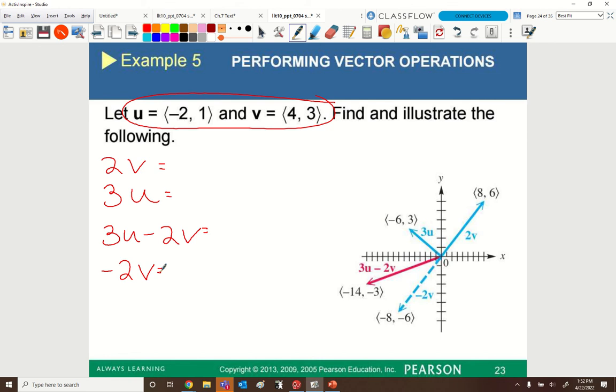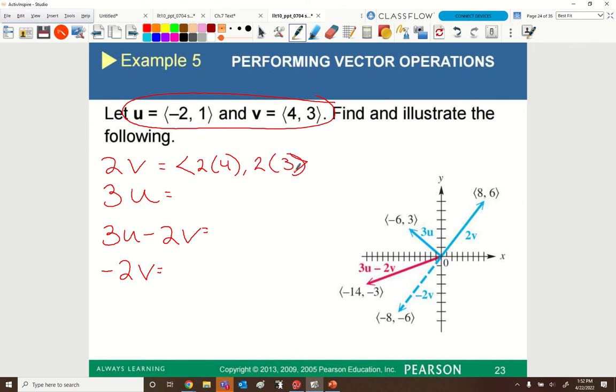I'm gonna finish this. 2 times v. That is twice my vector v. So I'm gonna have my vector v, which is 2 times 4, comma, 2 times 3.